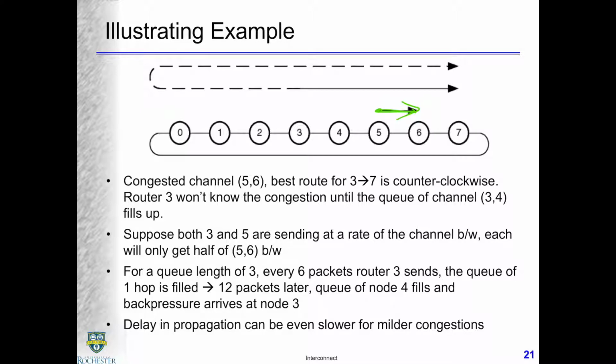So 5 is generating, this is a contrived example. So you being 3 over here, you want to send to 7. Okay, either direction is fine. You can go left, right, you don't know. And if you use Valiant's algorithm, you might send half to your left, half to your right before going on to 7.